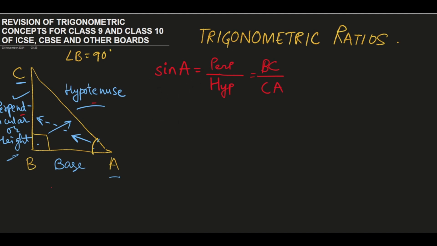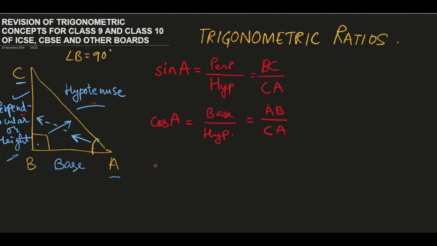The second ratio is cos A. Now cos is called cosine. This is B, that is base, by again hypotenuse. So our base is AB and hypotenuse is CA.